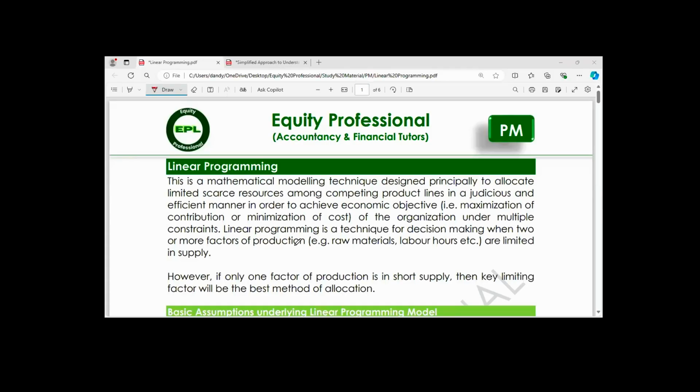The number 3 assumption is linearity, which states that the relationship between the objective functions and other factors of production must be expressed in linear fashion.